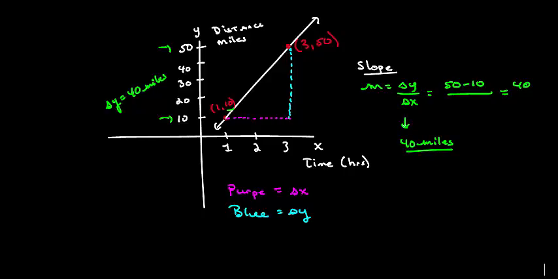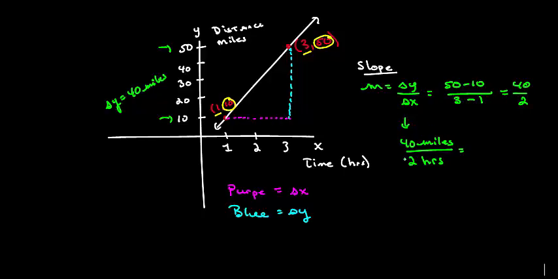Now, our change in our x. How fast does the x change? Well, the x goes from 1 to 3. So we changed by 2 hours. How do we calculate that? It's 3 minus 1. So notice, again, order matters here. We took 50 minus 10, so then we have to go 3 minus 1. The order does matter. That gives us 2 hours.